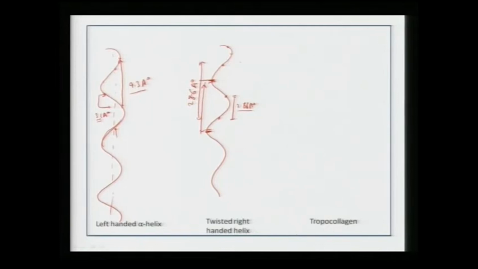And again 3 of these particular helix structures go on to form a coil, and then it forms a tropocollagen fiber.